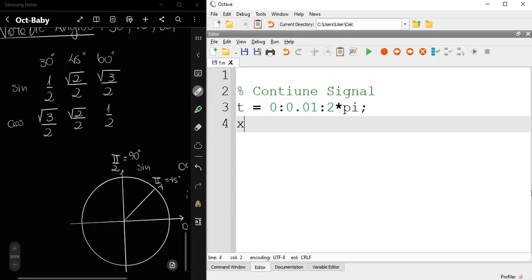And now the function, which we can say is y, equal to the cosine of t instead of x.